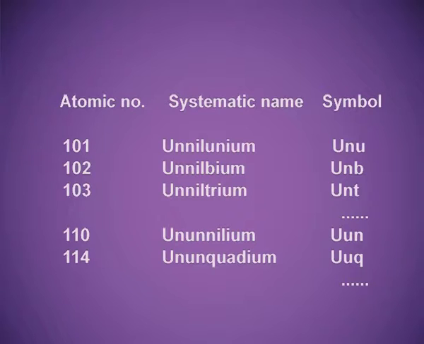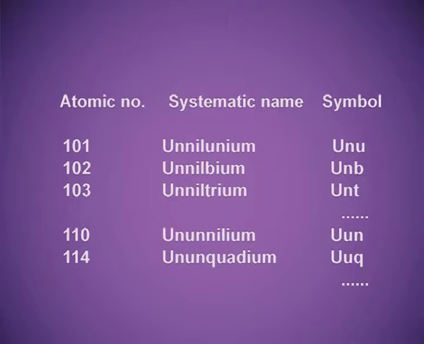Next example, atomic number 102. Its systematic name is un-nil-bium. Un for 1, nil for 0, bi for 2, and the ending of the name is ium. The symbol will be Unb.